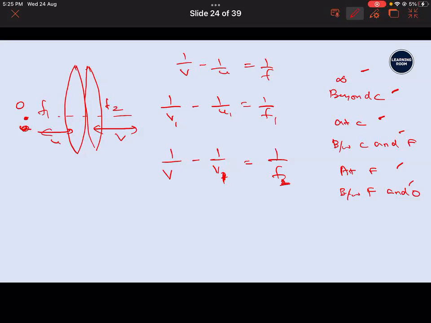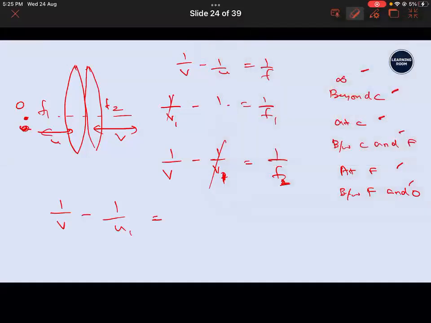So now what we need to do is add these 2 values. When you do that, you will get 1 by v minus 1 by v cancelling out. Is it getting cancelled? So 1 by v minus 1 by u1, or u1 is actually u, if you observe. Guys, am I clear with that?